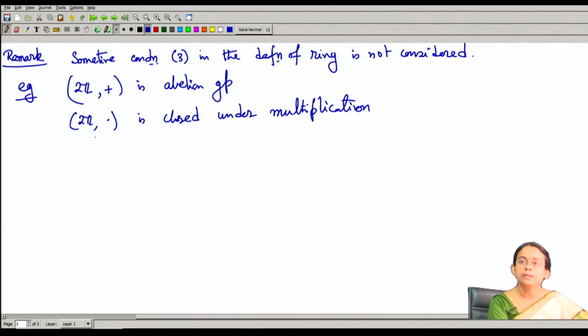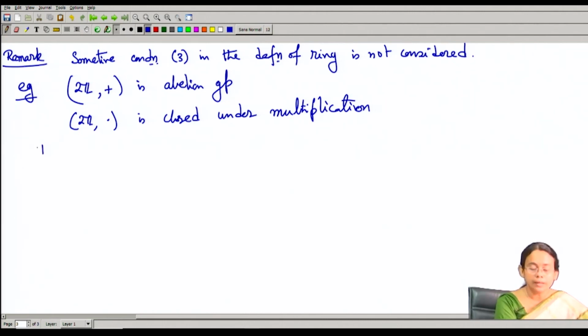All the properties are satisfied except one, that is the multiplicative identity does not exist. There does not exist any even integer such that if we multiply it with any other element from 2Z, we get back that element.